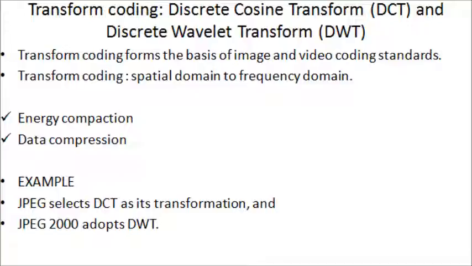This helps us transform the image from the spatial domain to the frequency domain, thus providing advantages in terms of energy compaction and data compression. For example, JPEG selects DCT for its transformation and JPEG 2000 uses DWT, that is discrete wavelet transform.